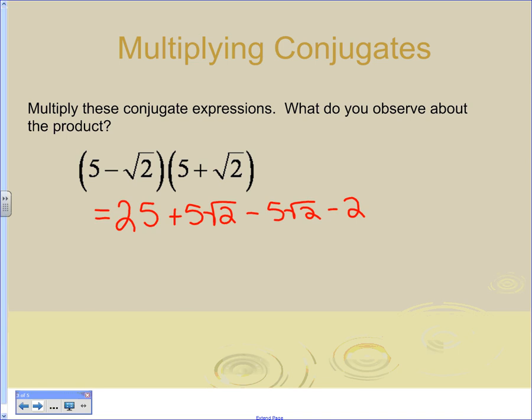What did you get? Which is 2. Five times square root of 2 is just 5 square root of 2. And then square root of 2 times 5, 5 square root of 2.